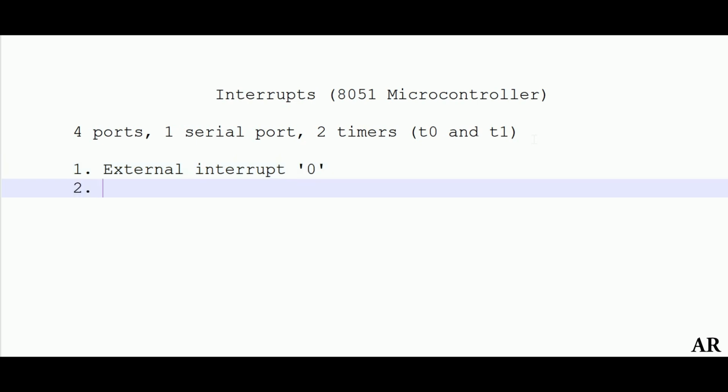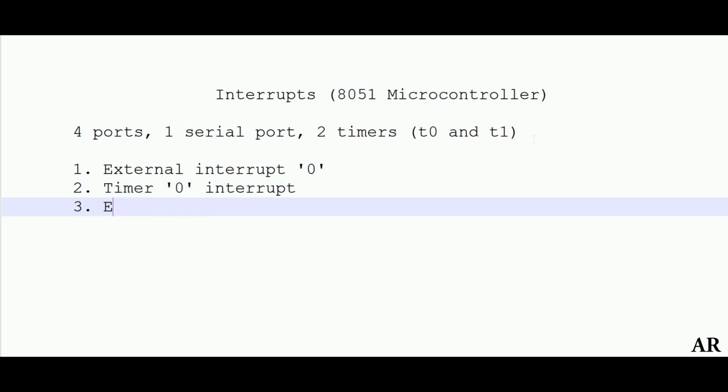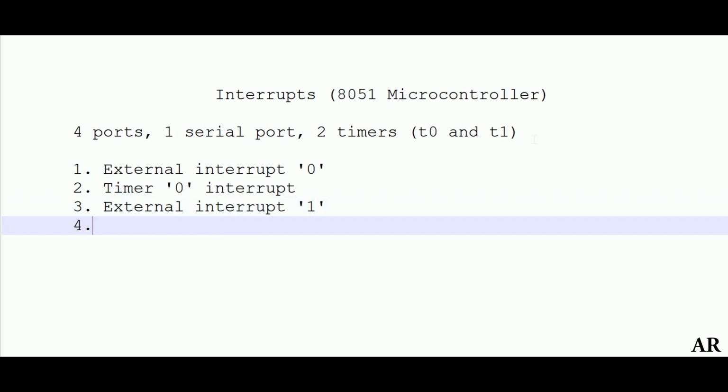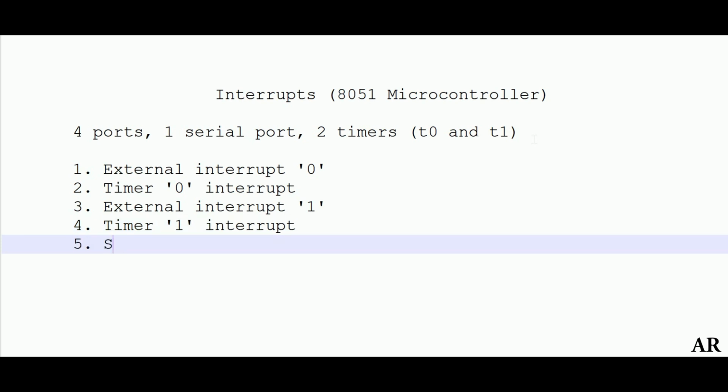The second one is called timer 0 interrupt. The third is called external interrupt 1. The fourth is your timer 1 interrupt. And the fifth one is the serial port interrupt.